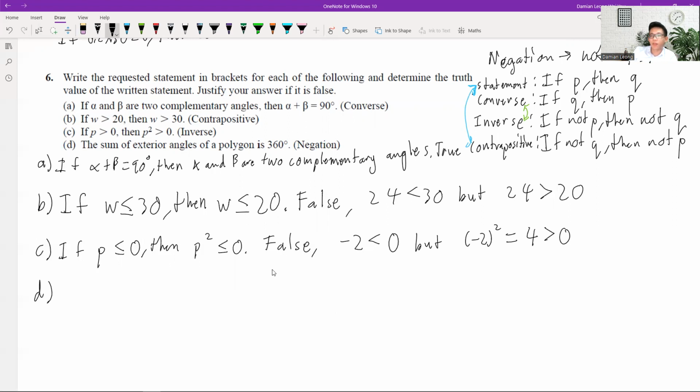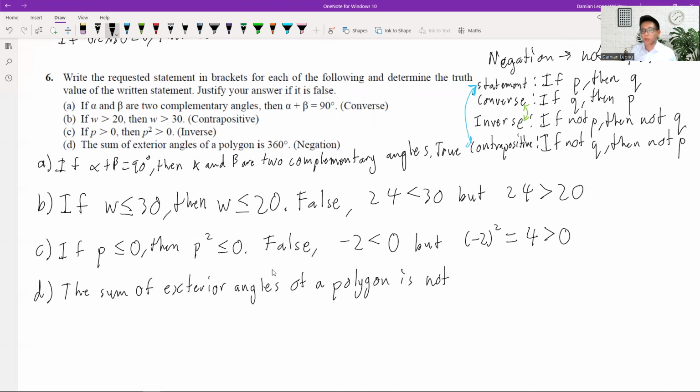Part D: the sum of exterior angles of a polygon is 360 degrees. Negate it. So basically, I want to say that it is not. So you can say the sum of exterior angles of a polygon is not 360 degrees.